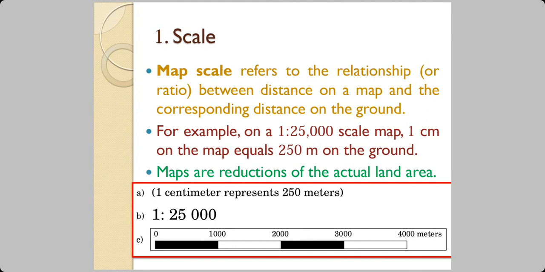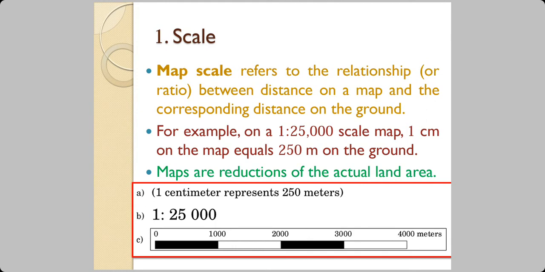That's not possible at all. So we often make maps which are thousands of times or lakhs of times, and very frequently millions of times smaller than the land it is representing.